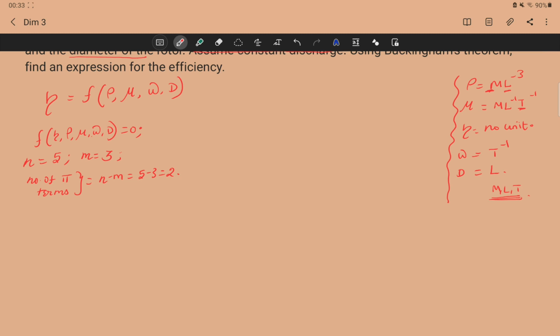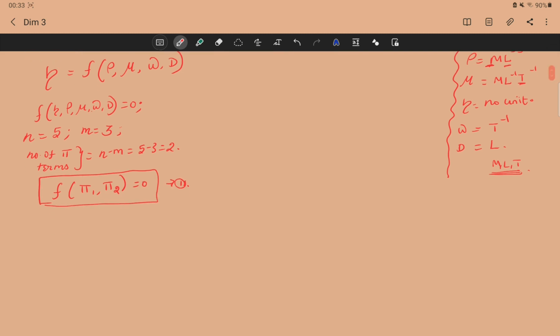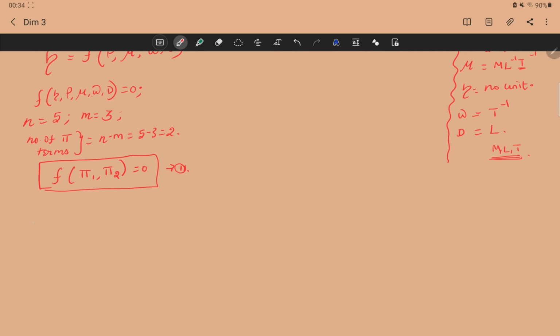So I can write the entire expression as f of pi 1, pi 2 equals 0. Let us write each of the pi terms individually. In order to do that, we have to find the repeating and non-repeating variables.